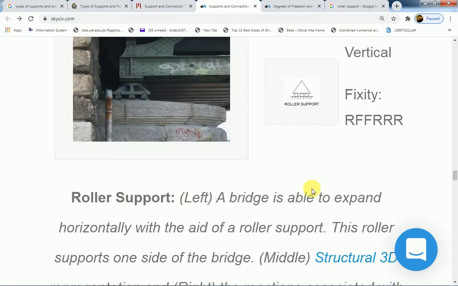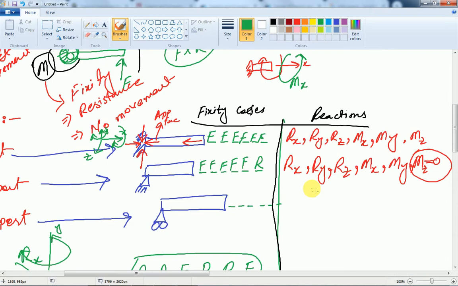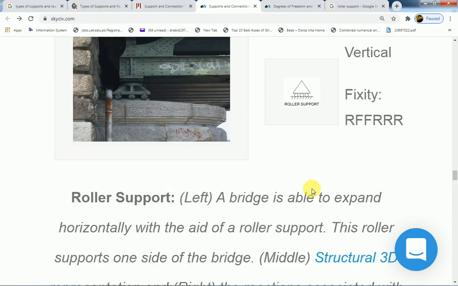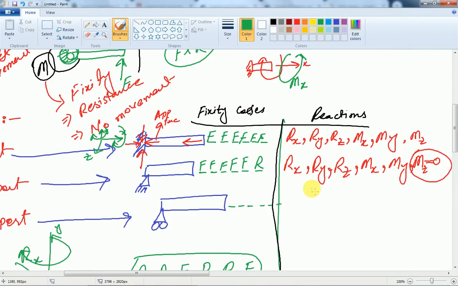So we can say, Rx is 0. Rx will be 0, and there will be Ry reaction and Rz reaction, and all the other rotations are not constrained.